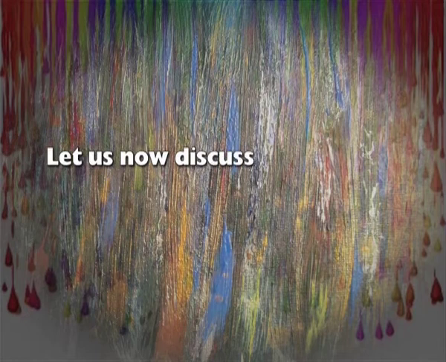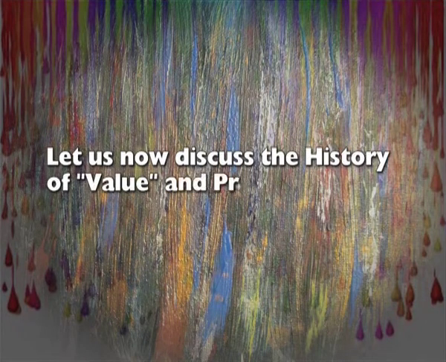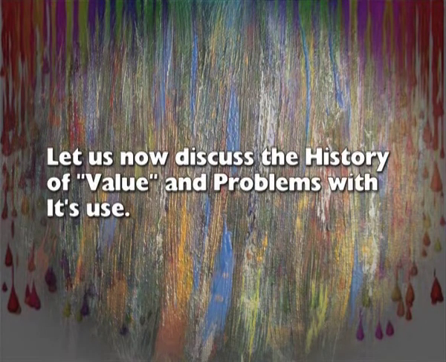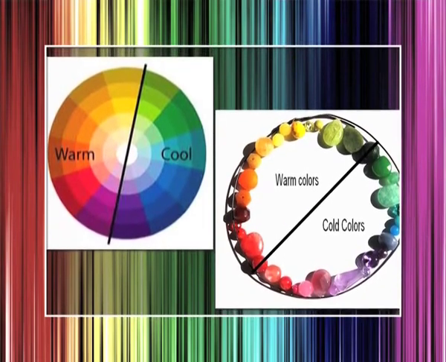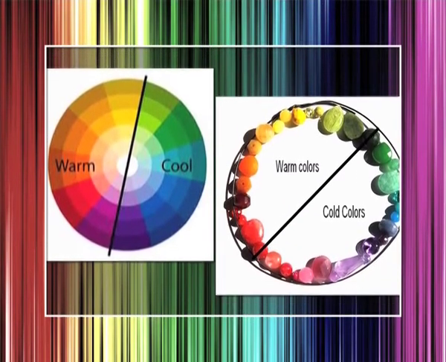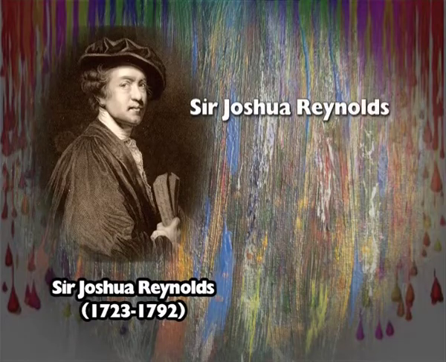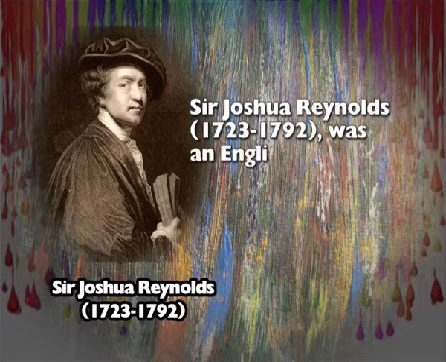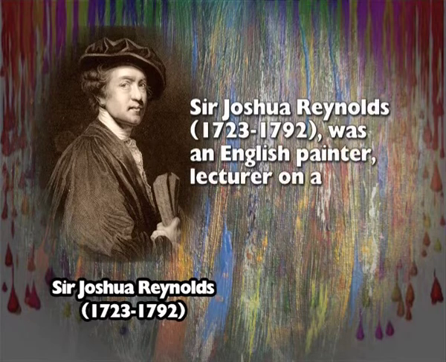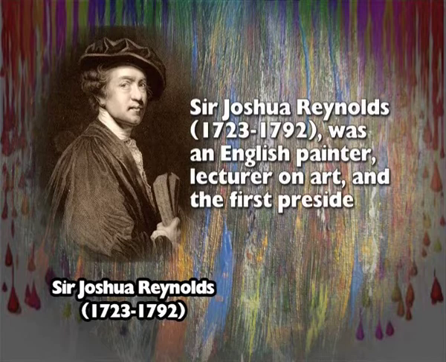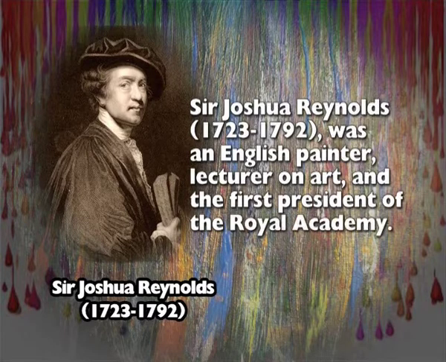Let us now discuss the history of value and problems with its use. A certain quantity of cold colors is necessary to give value and luster to the warm colors. Sir Joshua Reynolds, 1723 to 1792, was an English painter, lecturer on art, and the first president of the Royal Academy. Sir Joshua Reynolds' published use of value has been read by art world readers ever since the late 18th century.